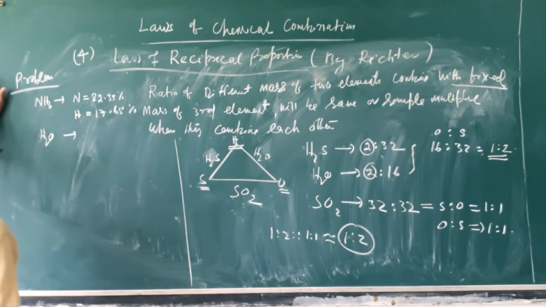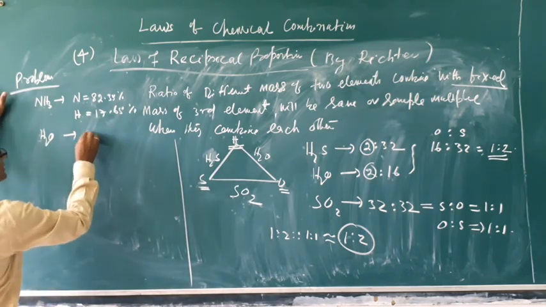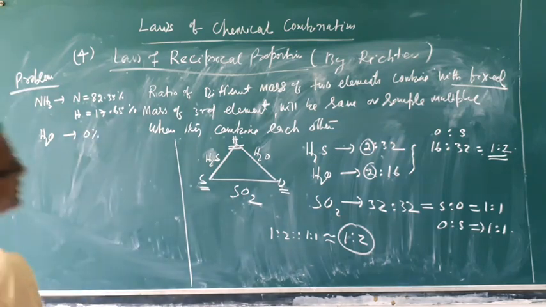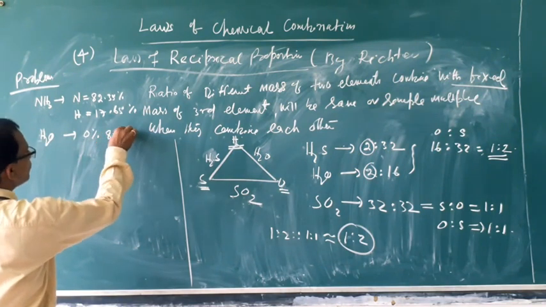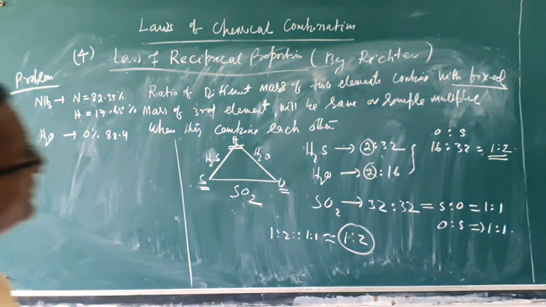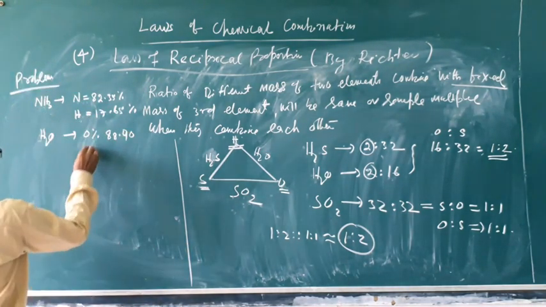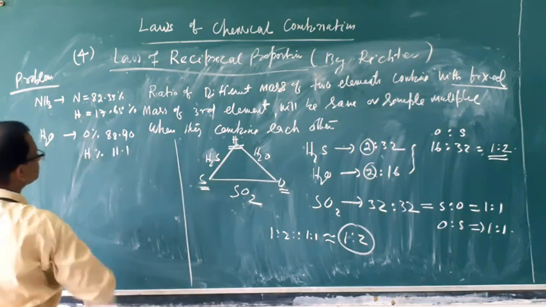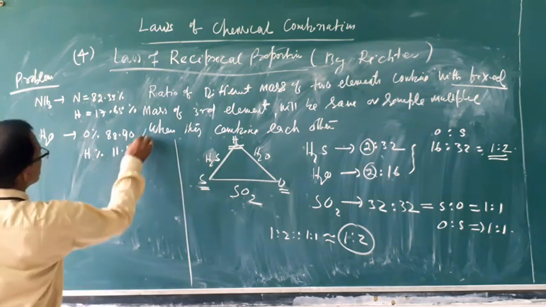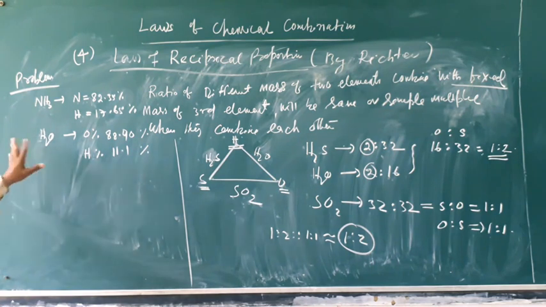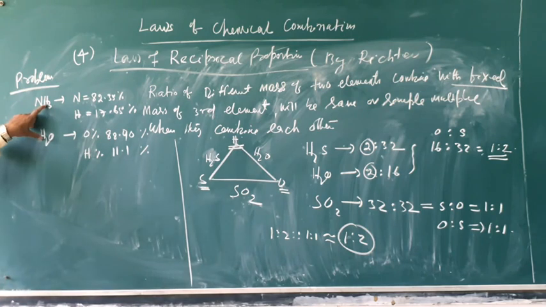Then the hydrogen oxygen ratio: the oxygen percentage in water is 88.9, and hydrogen percent in water is 11.1. So this is the percentage of oxygen and hydrogen in water. Then as per the rule, which will be taken constant? Hydrogen will be taken constant.